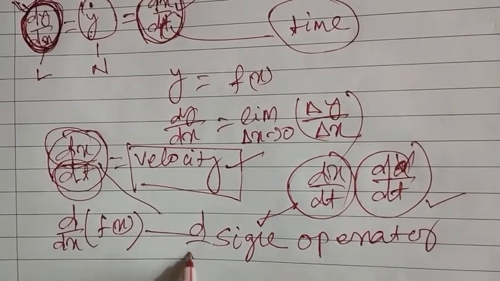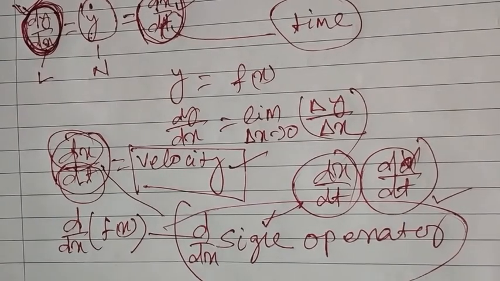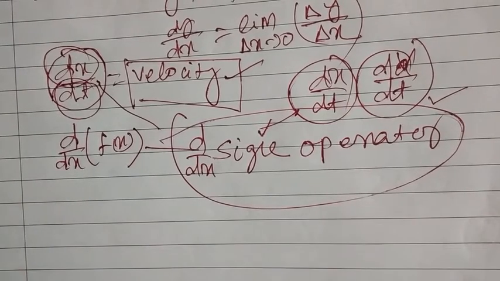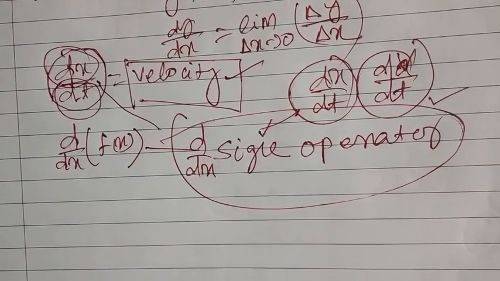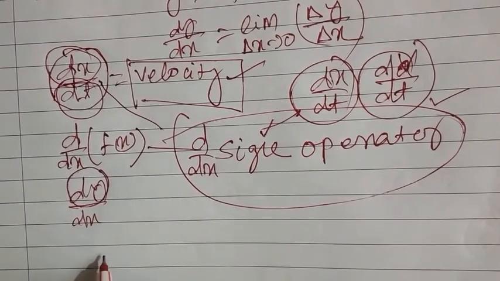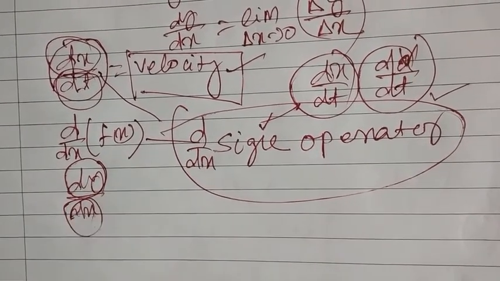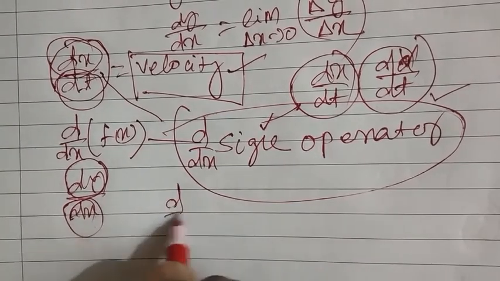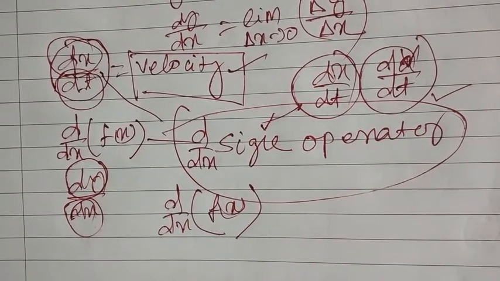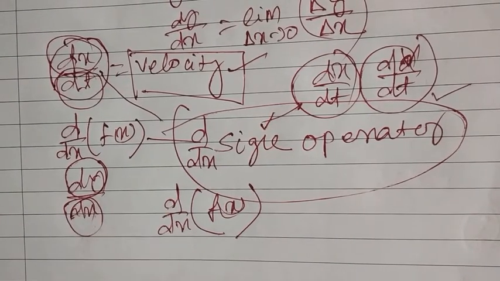This d by dx is an operator, a single operator, and d by dx of f of x gives us a single thing. Okay, understood? Here in dy by dx, dy is not a different thing, dx is not a different thing, which means this is not a ratio. This is an operator d by dx applied on f of x. Okay, got my idea? This was the treatment of Sir Isaac Newton.